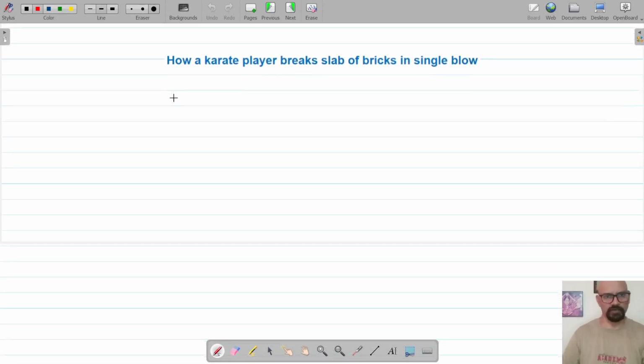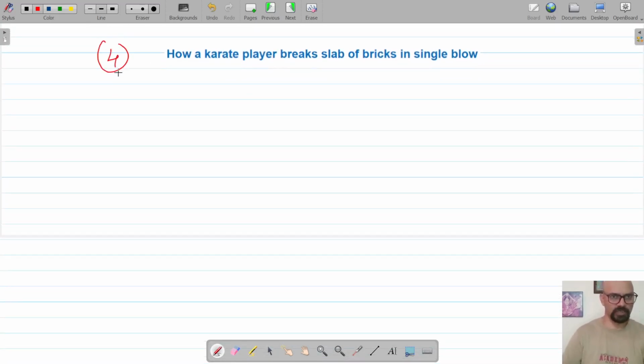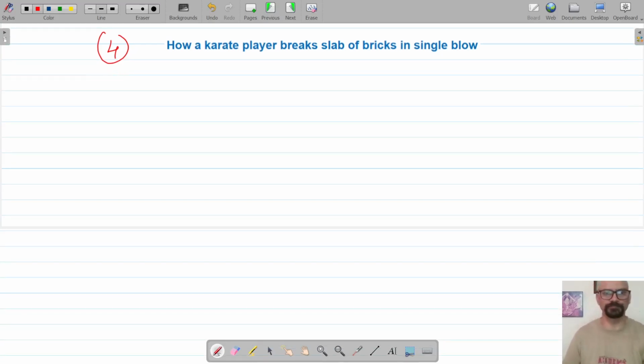Okay, now our last application would be how a karate player breaks a slab of bricks in a single move. It's because of the very high amount of momentum produced in a very short span of time. Let's try to explain this.